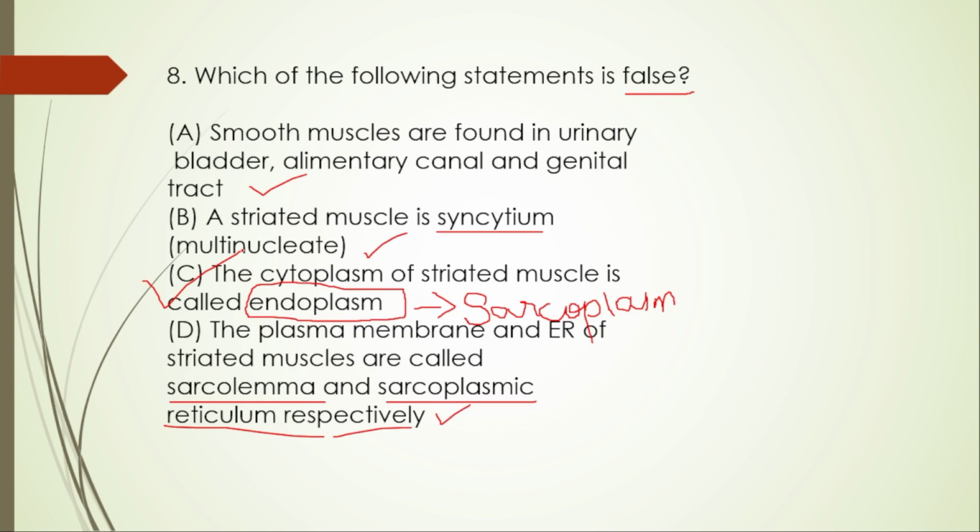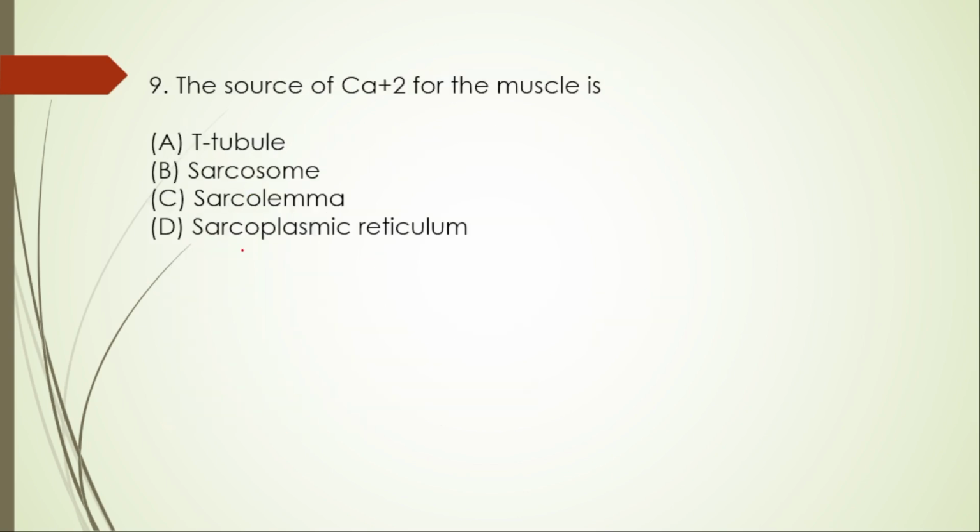Next one, question number 9. The source of calcium ions for the muscles is A. T tubules, B. Sarcosomes, C. Sarcolemma, D. Sarcoplasmic reticulum.